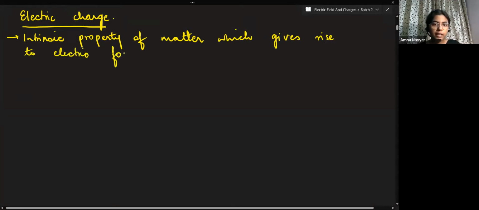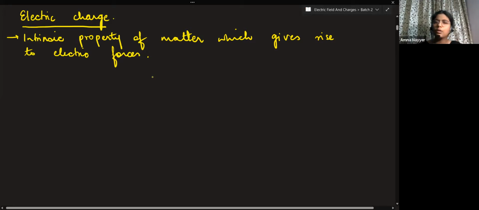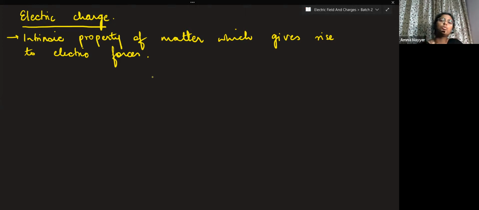For electric forces, we have a separate section. We have a full law on how to calculate electric forces, Coulomb's law, so we'll be discussing this phenomenon under that only. But the basic definition of electric charge is this only, that it is the very basic or intrinsic property of matter, which gives rise to different phenomena like the electric field, and we'll be studying electric forces.